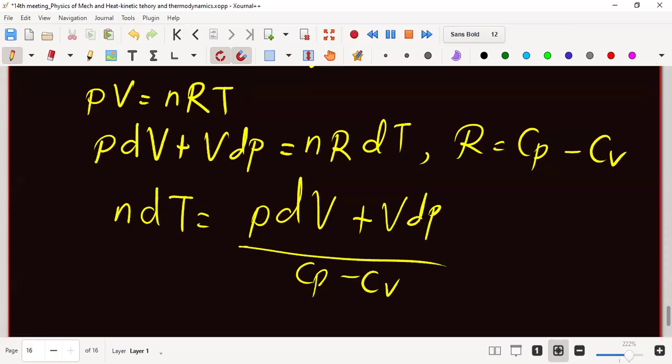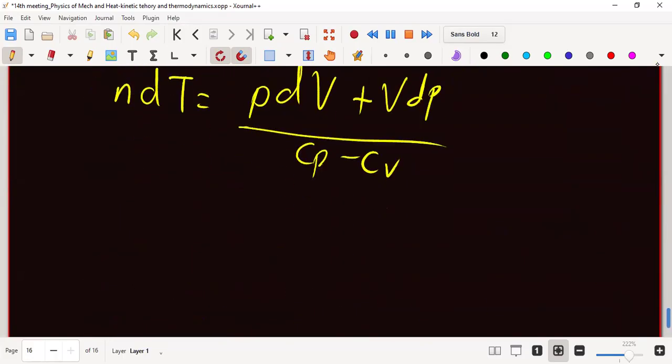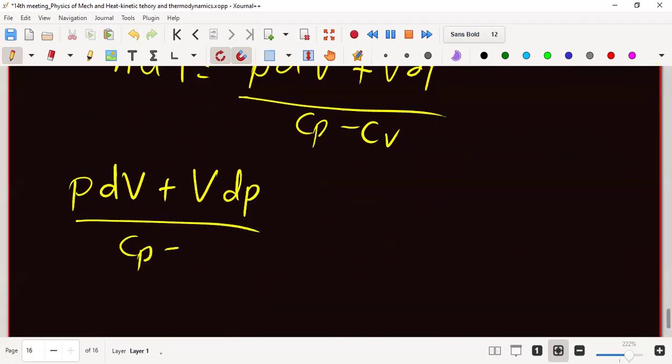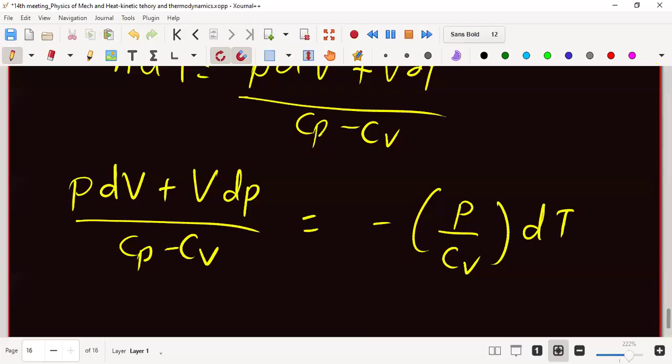This one is n dT, so we can substitute n dT here. This one is P dV plus V dP equal to (Cp minus Cv) times minus P dV divided by Cv.